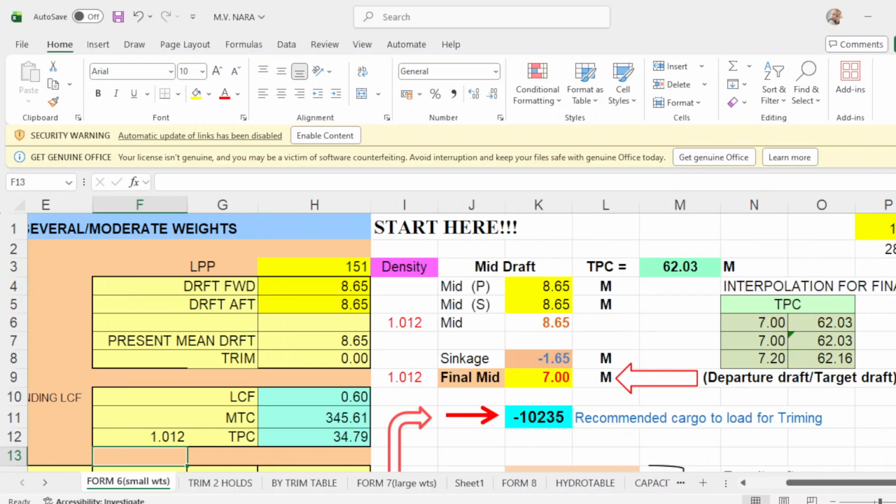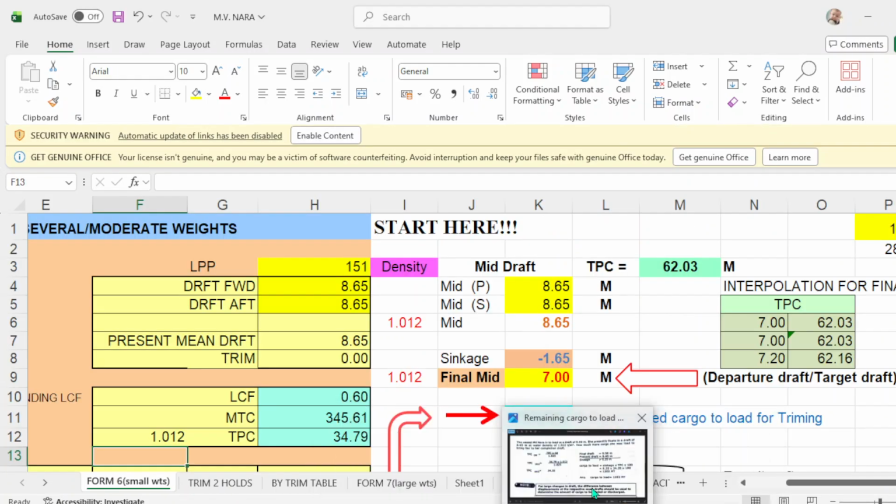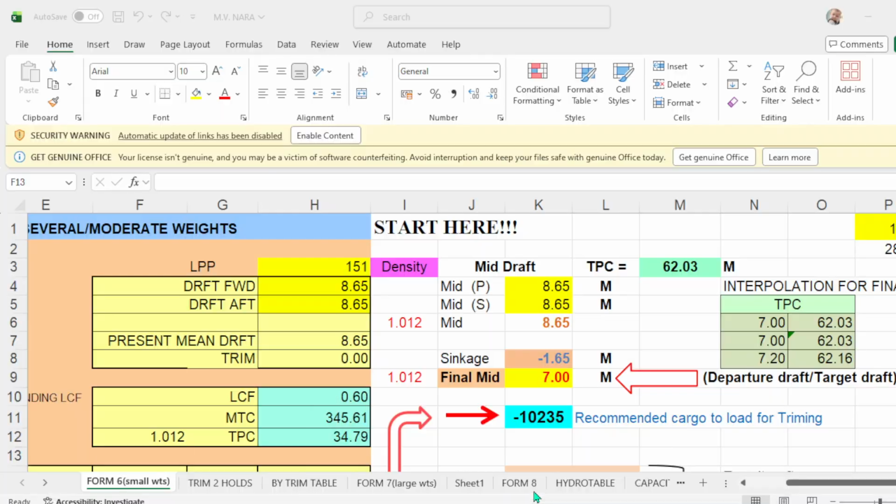according to the problem, let's put it this way. Your final departure draft is 9 meters. Okay, so let's put your final mid will be 9 meters in the same density of 1.012.